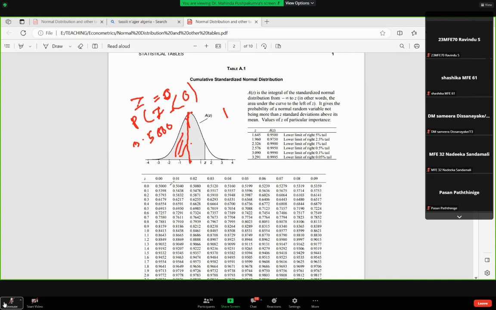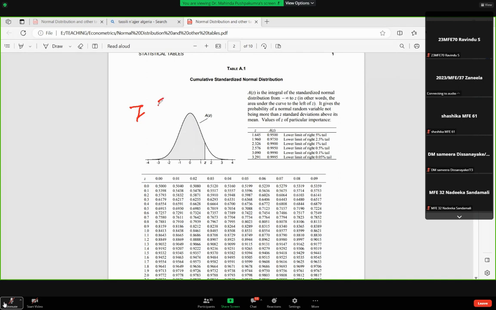Then how to get the answer from this table? To read the Z value, you need the Z value with 2 decimal points. 0 means you will have to take 0.00. Then how to read it?